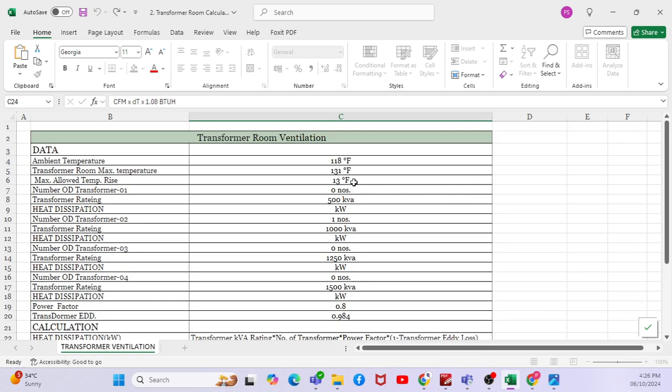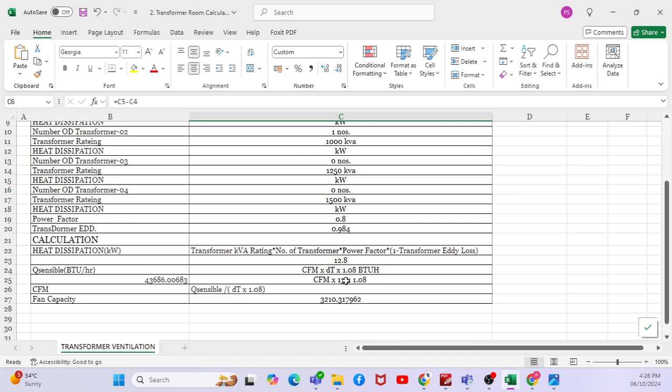If you convert into Fahrenheit, it will be 13 degrees Fahrenheit. Say for example 48 degrees to 55 degrees, which is 7 degrees, but when you convert into Fahrenheit, you get a difference of 13 degrees Fahrenheit. If you apply that in this equation, you can calculate the CFM of the fan, which is nothing but the fan capacity. Does anyone have any doubt?